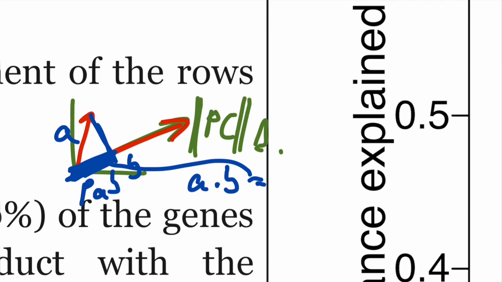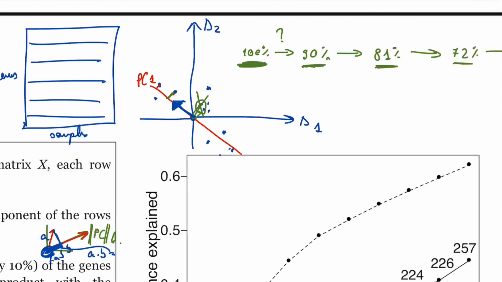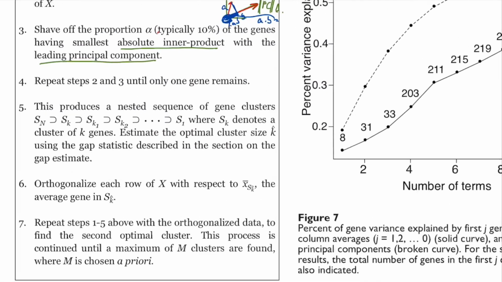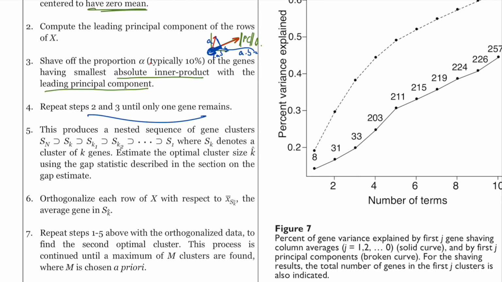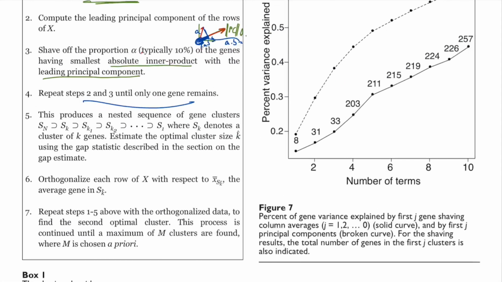And this bit is essentially how far it is away from 0. In the case of the principal component, this is how much it is on this axis. That means how much it contributed to the variance. Great. So we iteratively do this procedure to get different clusters.